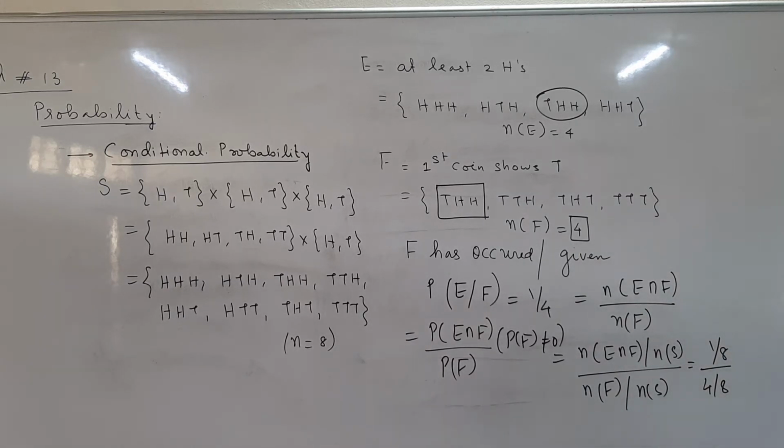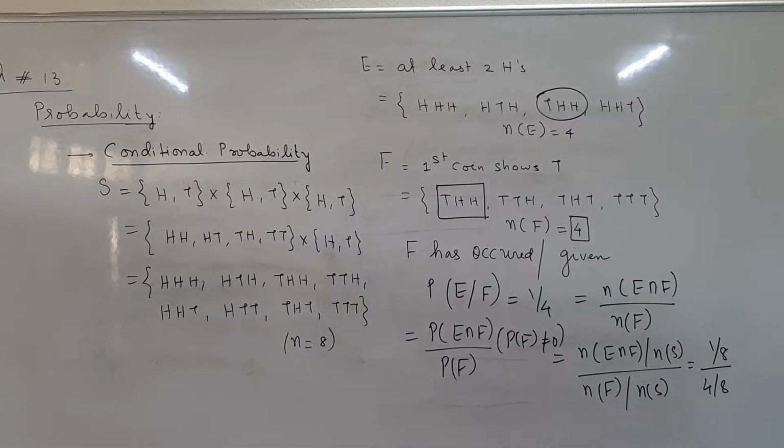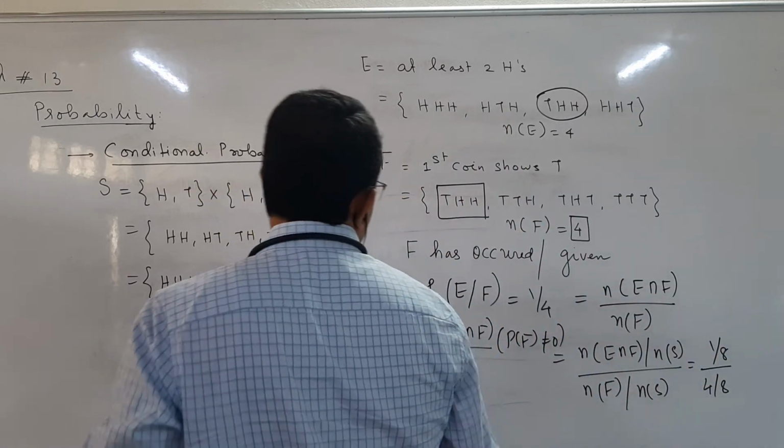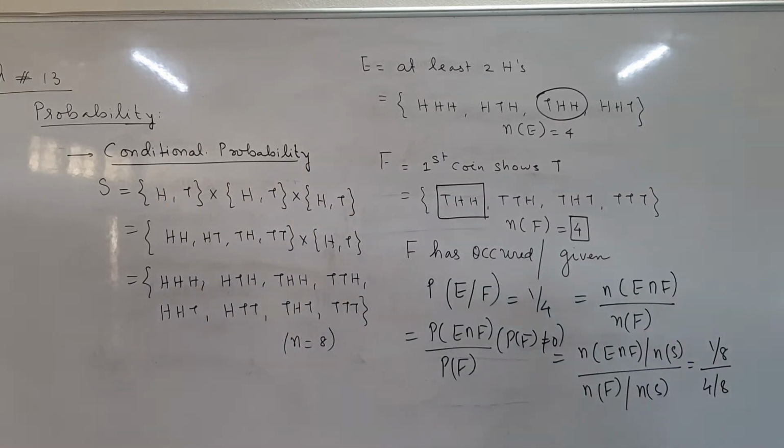So what is the definition of conditional probability? Students, try to understand. Let E and F be any two events of the same sample space S. Then the probability of E given F is denoted by P of E given F, and the formula is P of E intersection F upon P of F. The base event probability, students, will always come in the denominator.